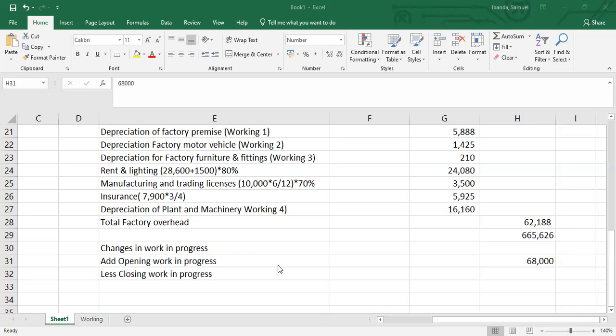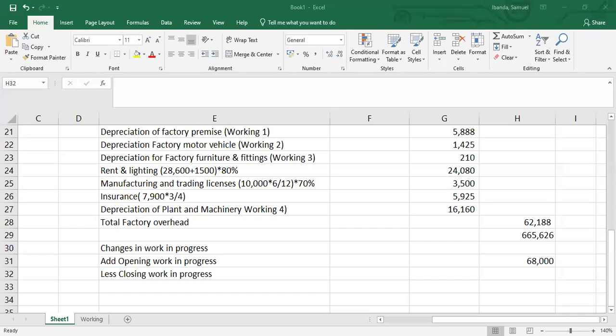Somebody says, is the 665 the production cost? No, we have not yet gotten to the production costs. Okay, we have not yet. Do you mean what is the name given to that?